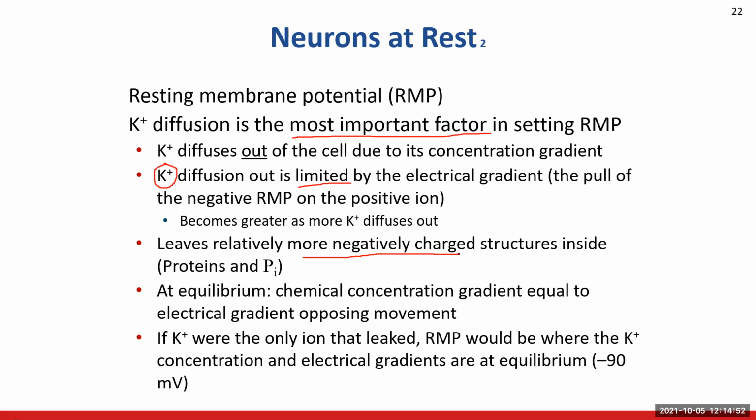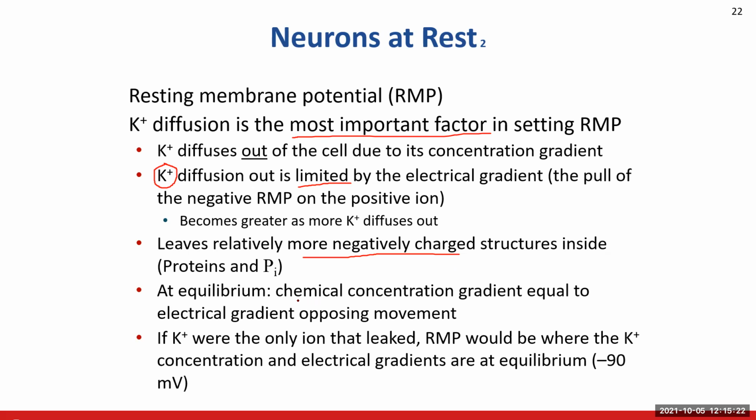And as it becomes more negative, that negative attraction for that positive ion becomes stronger, like the dark side of the force pulling on Luke, to make him do bad things when he's battling Darth Vader. Well, these items will start to pull harder on that potassium, and it makes it tougher for that potassium to leave.